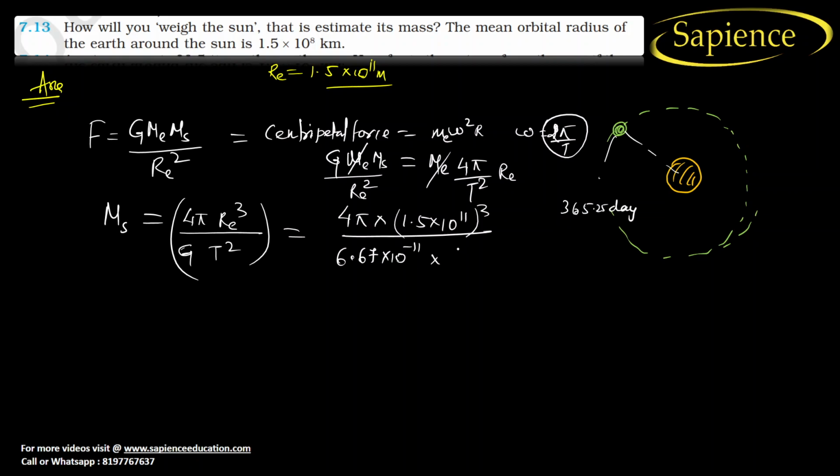So can we convert it into seconds? 365.25 into 24 hours, and 1 hour has 60 minutes into 60 seconds. Finally we have to square this. When we calculate, we get approximately mass of the Sun as 2.0 into 10 power 30 kg. So this is the final answer for the mass of the Sun.